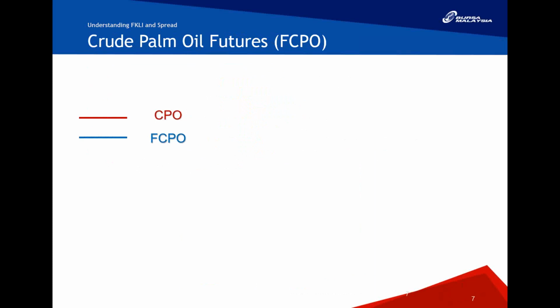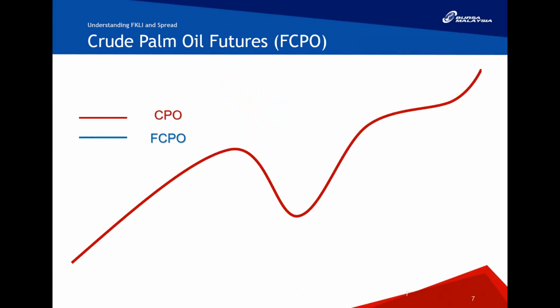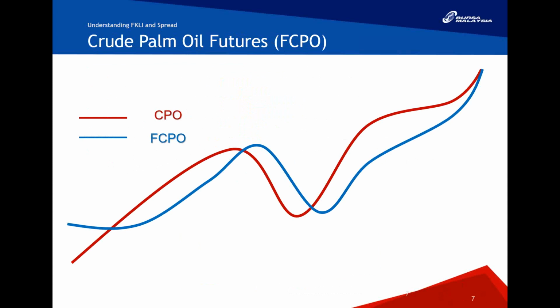But this underlying asset is classified as the underlying asset for the FCPO contract. So, for example, if the CPO runs in a certain direction, the FCPO will follow the price. This is the ideal contract situation.